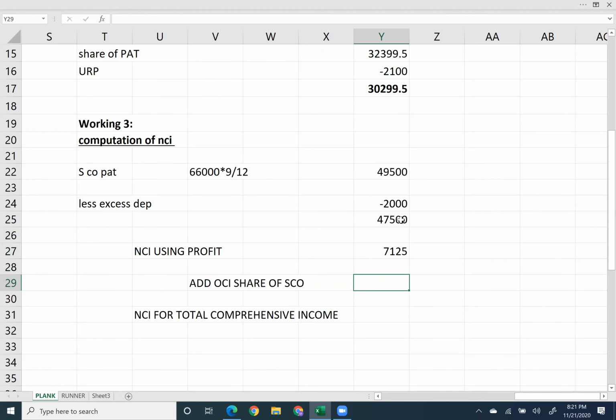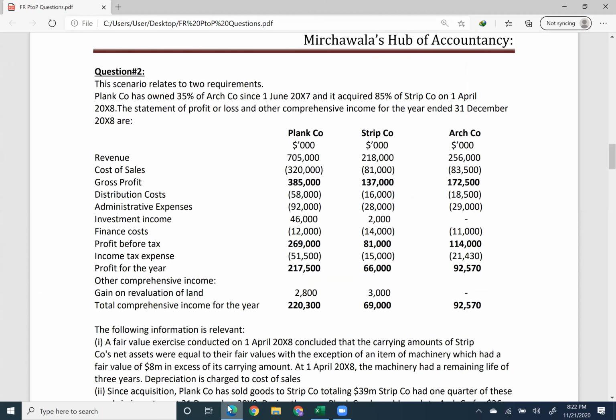Hope you see the question. Wait, let me show you the question. See this. There is an OCI of 3000 in S company's books.